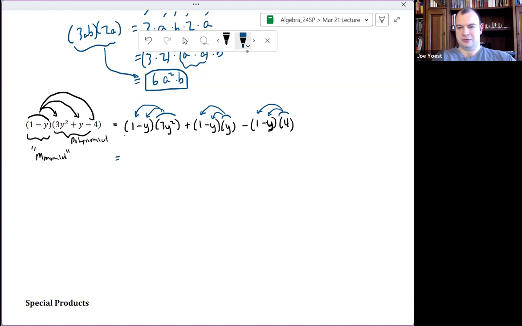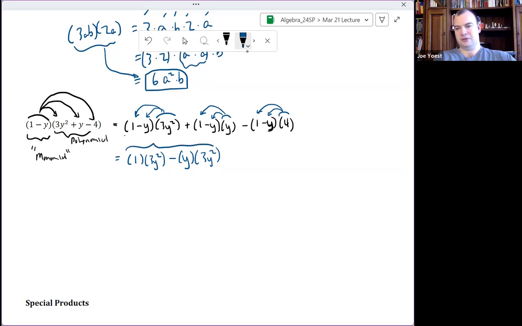So if I look at my first distributive property here, I get 1 times 3y squared minus y times 3y squared.